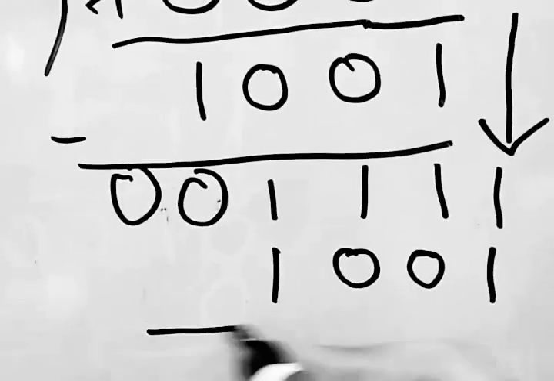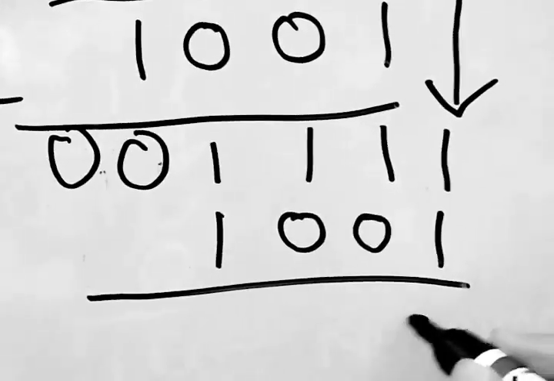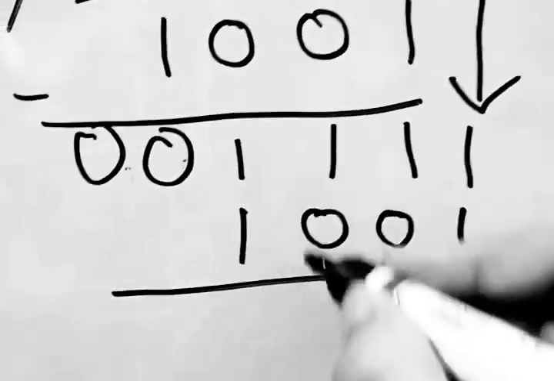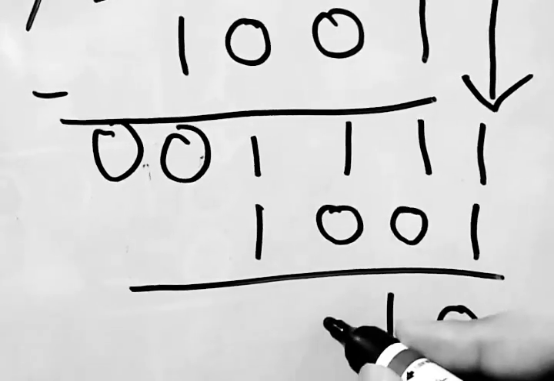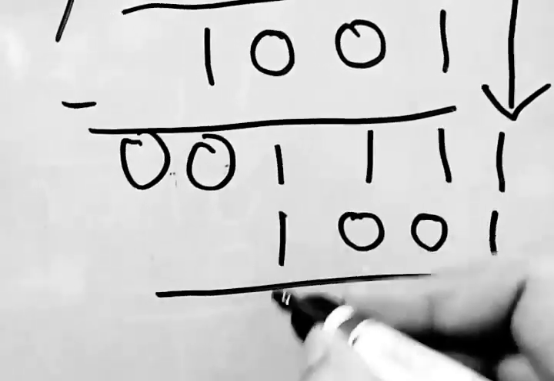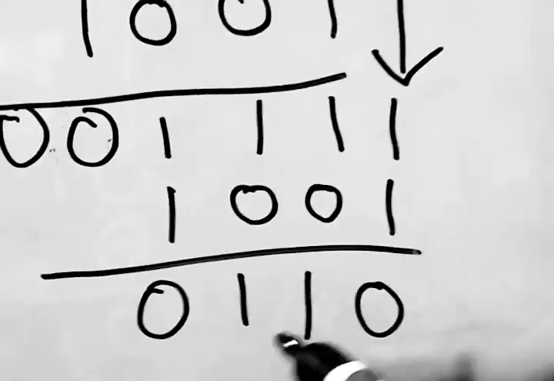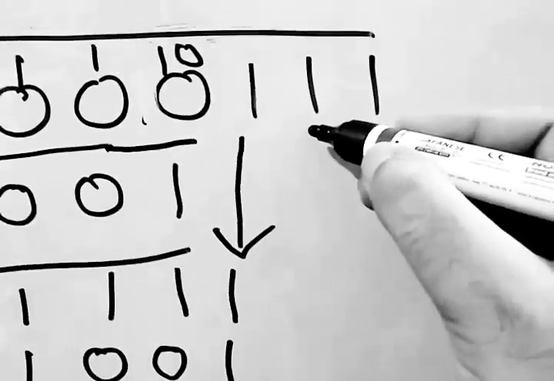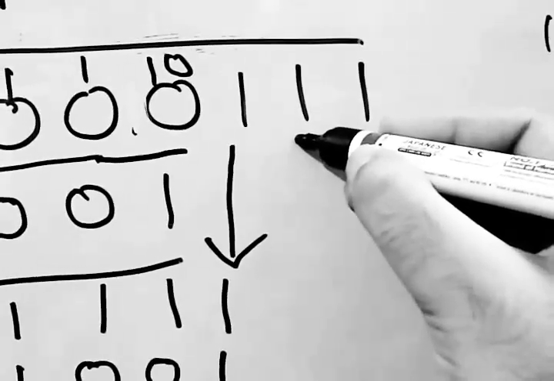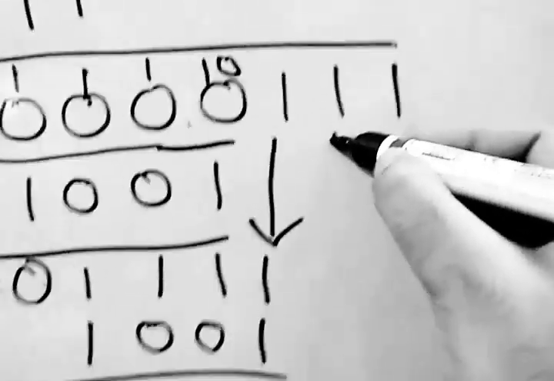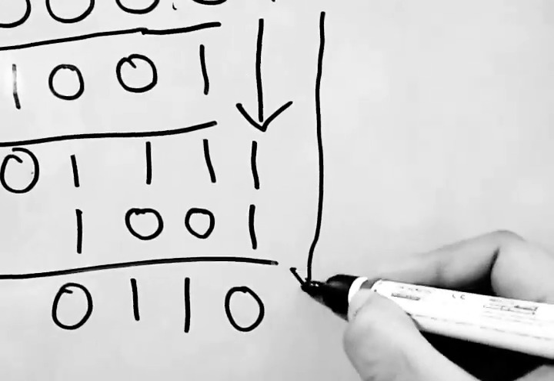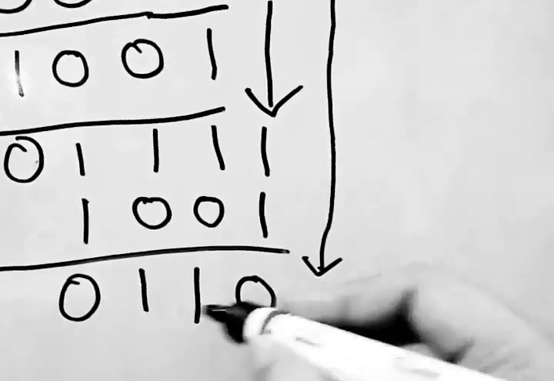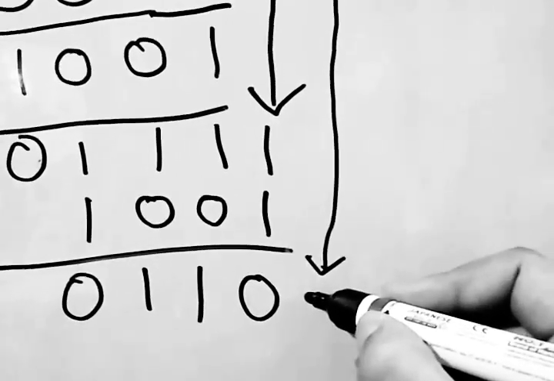1001 we'll subtract: 1 minus 1, 0, 1 minus 0, 1, 1 minus 1, 0. So this 110 comes. We see that again 1 is there. The next digit of the dividend will fall and add behind the current remainder we have got.